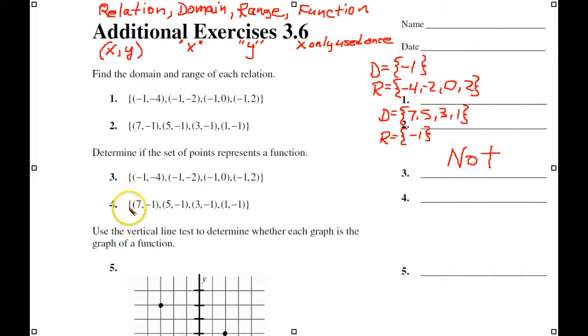And as we look at number 4, we have a 7, 5, 3, 1. Are the x elements repeated? No. So this is a function. Now, again, if I were a student, I might take these notes down somewhere, put it on a little card if needed. This is something you want to remember.